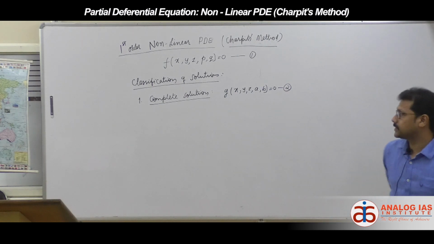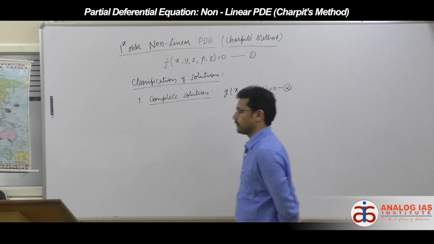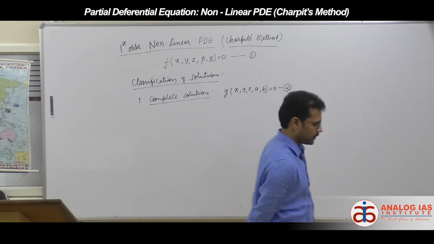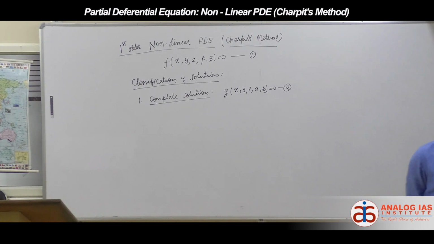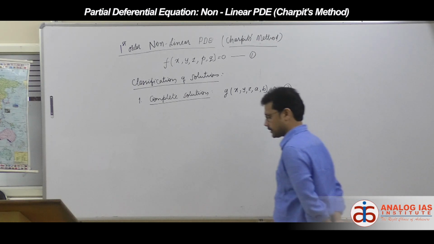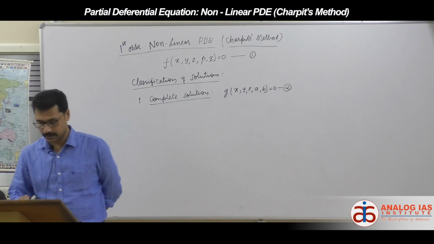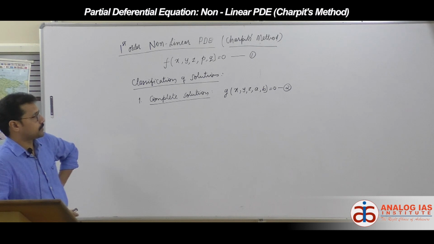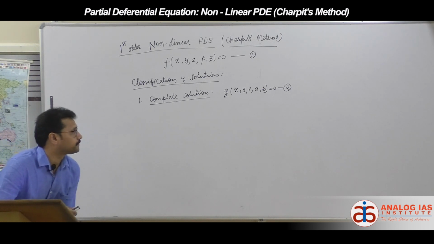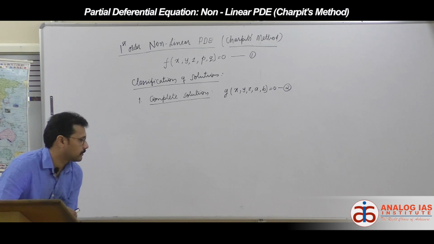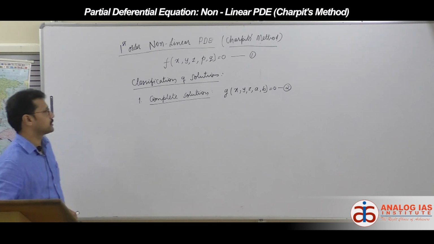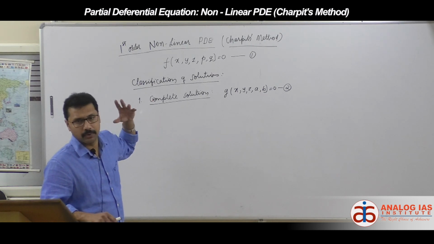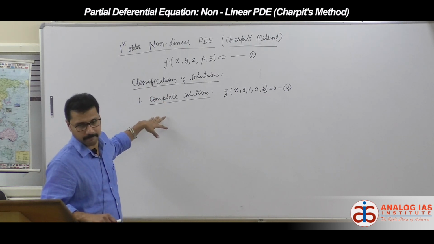So a solution which contains as many arbitrary constants as the number of independent variables is called a complete solution. I think this is something which everyone knows. Even for ODE we discussed a similar kind of thing.